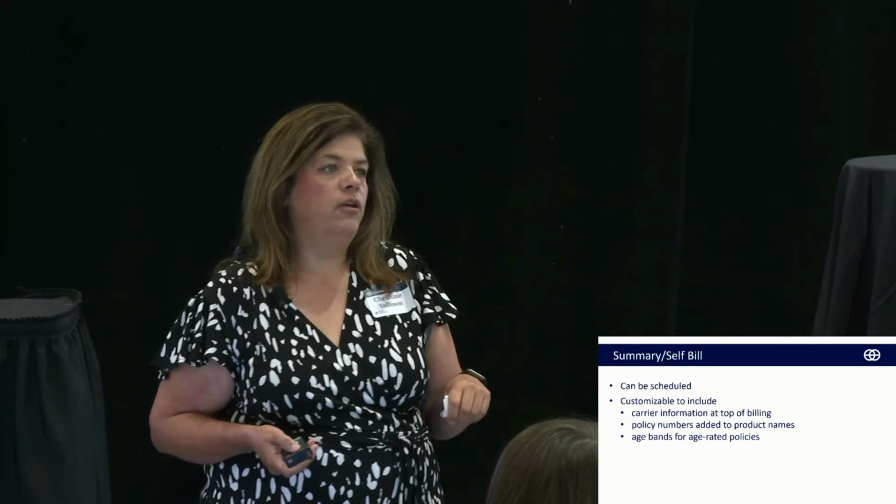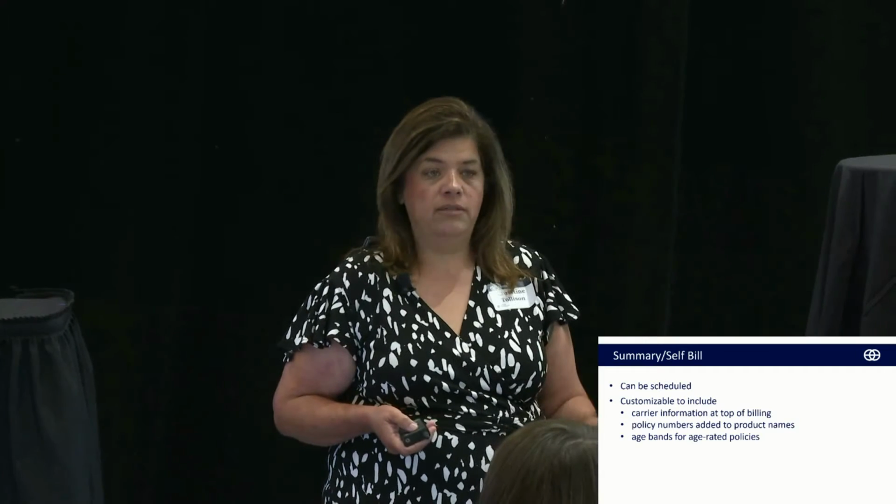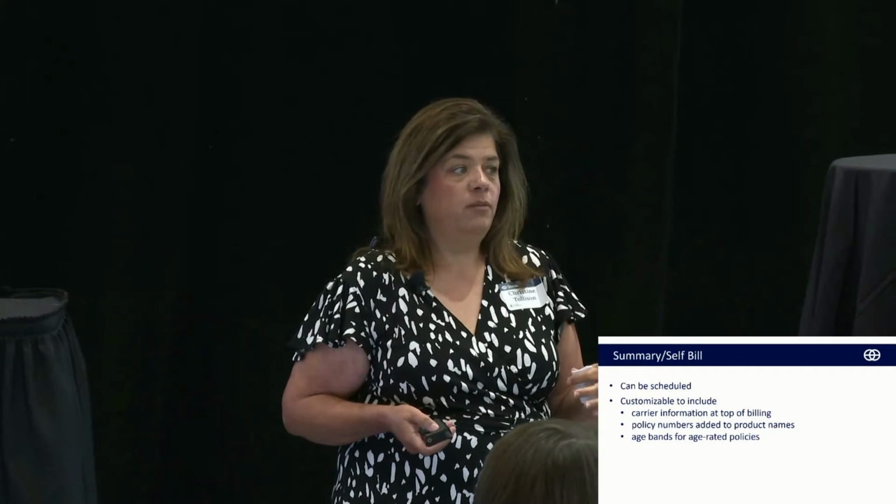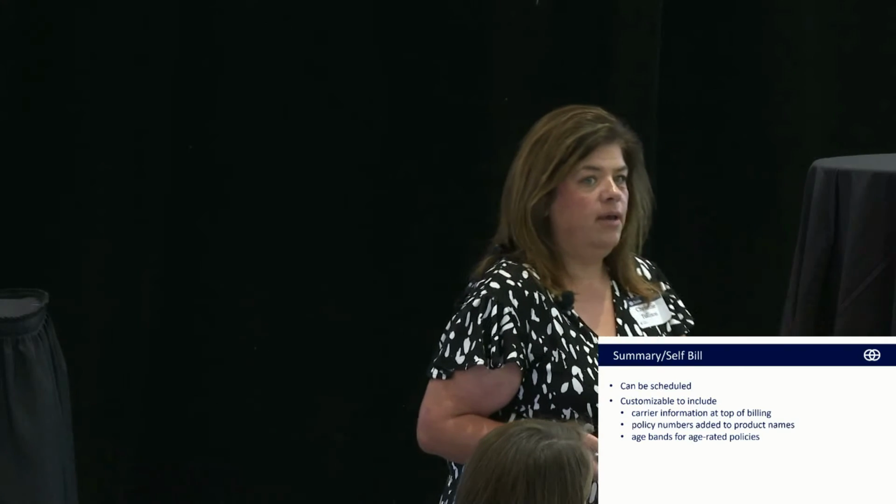If you are finding that the current self-bill that you're receiving doesn't meet all your needs, maybe it's an age-banded plan and what we're sending to you doesn't have the age bands, CSM, because we can program that for you to include the age bands that you are needing on the bill.